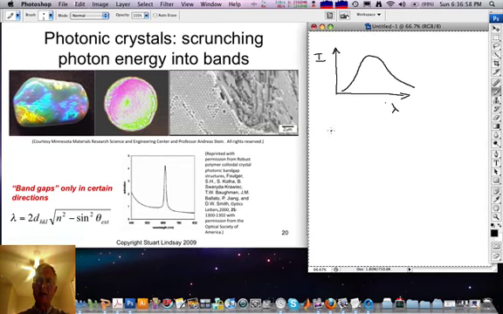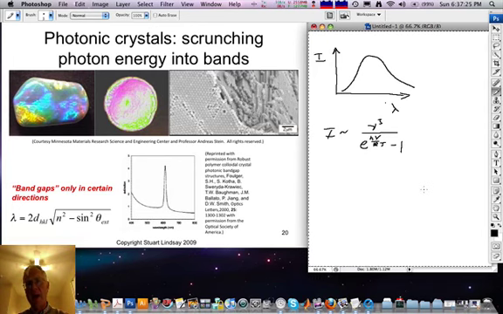Planck's law states that the emitted intensity is proportional to the cube of the frequency of the light, where the wavelength is the speed of light divided by the frequency, times the Bose-Einstein factor, and from this the black body radiation spectrum can be predicted.